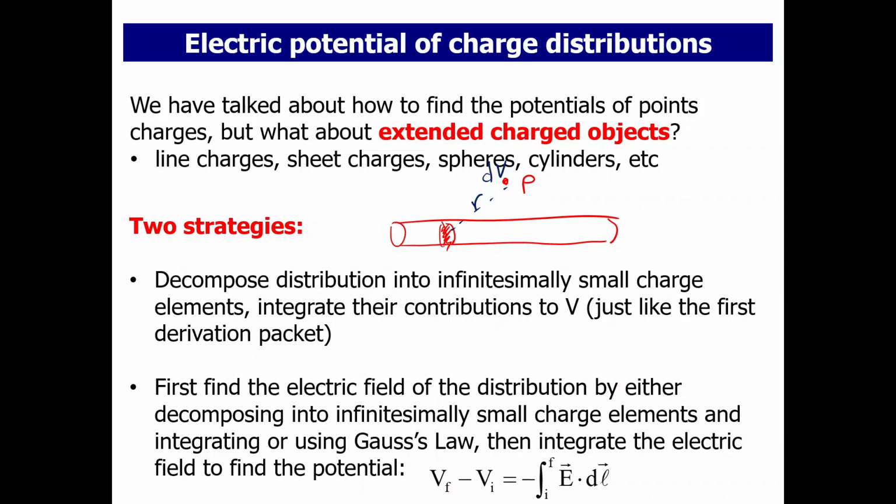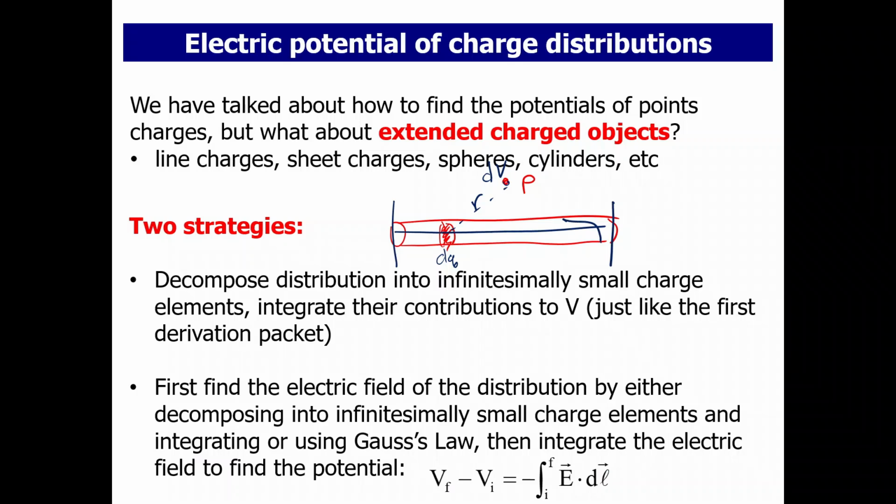That's potential, not volume, which gets a little confusing. Some voltage element, I guess you could call it, due to this little tiny amount of charge. And then you could set up that expression and integrate from one side of the rod to the other.